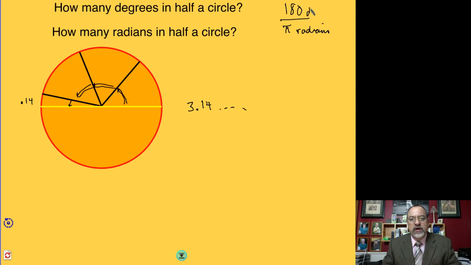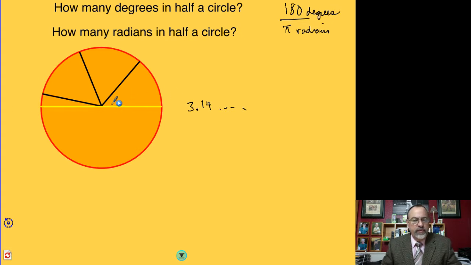So 180 degrees gives me pi radians, or pi radians is the same as 180 degrees. It's a very nice unit of measure. So there'd be 3.14 radians in half a circle, or we can use pi instead because pi means 3.14.